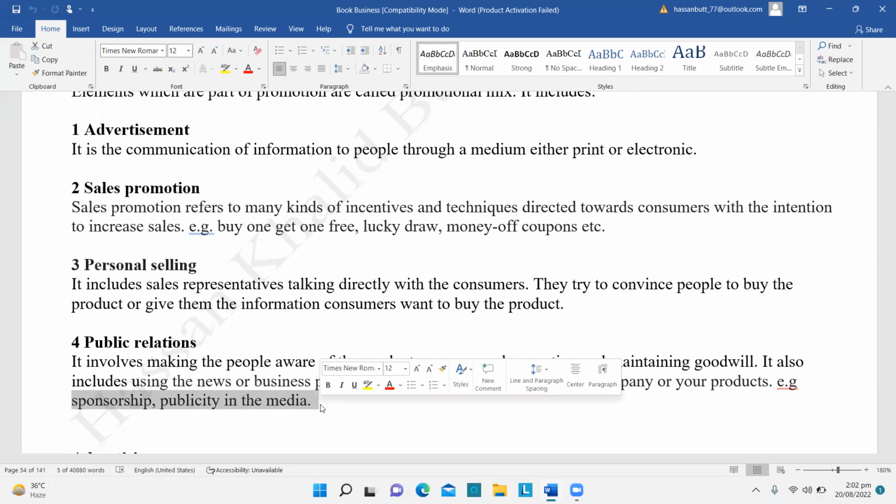For example, there were many events, I'm telling you, which were arranged by Lux, and the name was Lux Style Awards. Have you heard about it? No, sir. Okay, no problem. Lux Style Awards. Why is the name Lux along with Style Awards? The reason is Lux was the main sponsor.